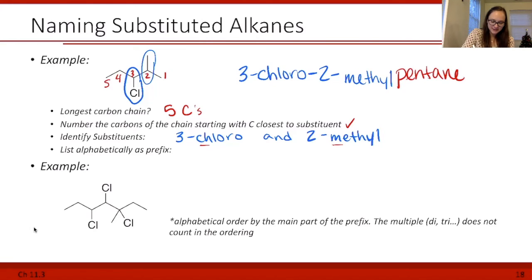Let's do one more example. First thing is we're going to see what our longest carbon chain is. It looks like it's just right down the middle. So let's number it and see how many there are. 1, 2, 3, 4, 5, 6, 7 carbons long. So we know that we're going to have our base chain name be heptane, meaning 7 carbons long.